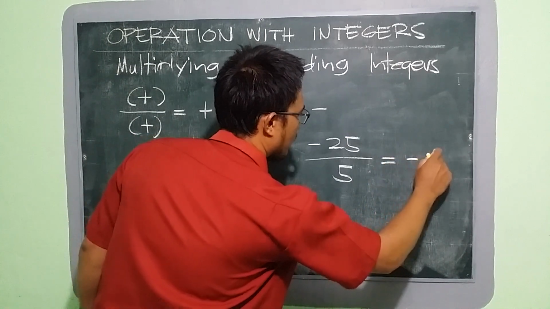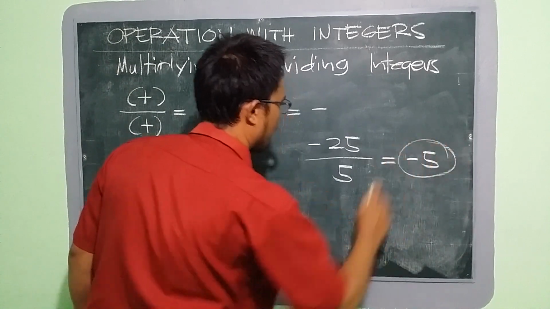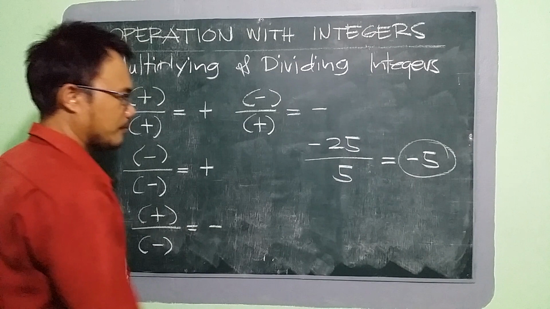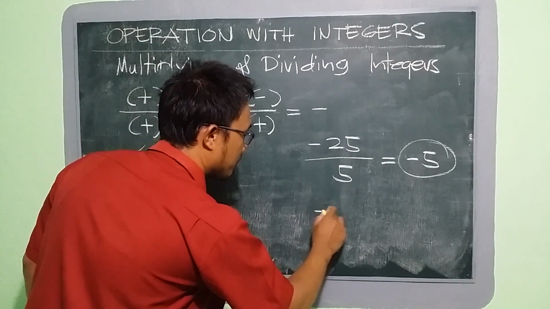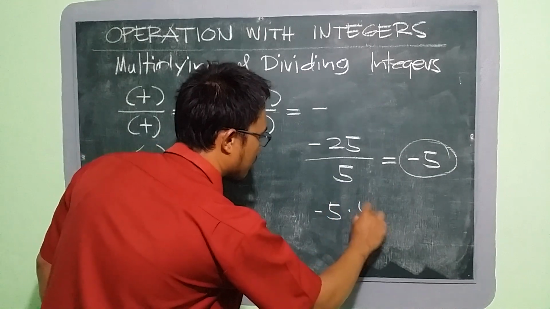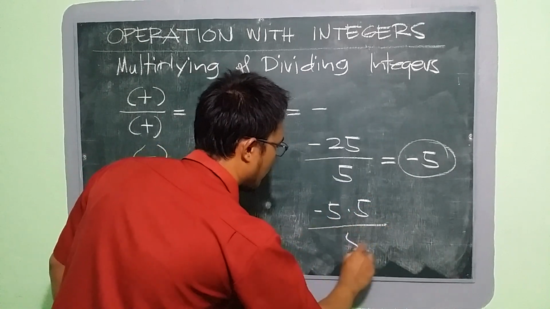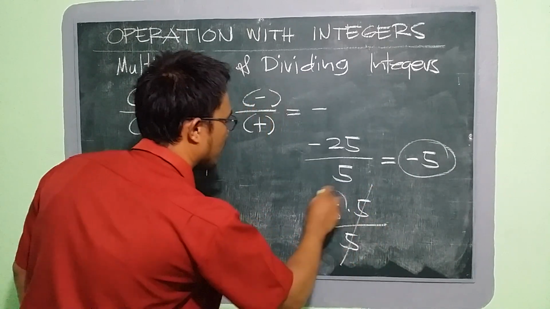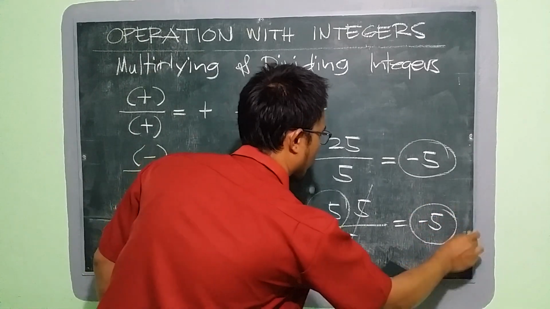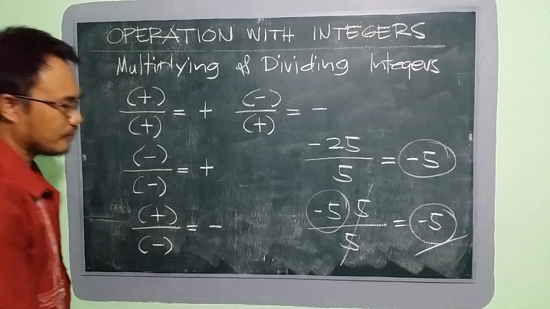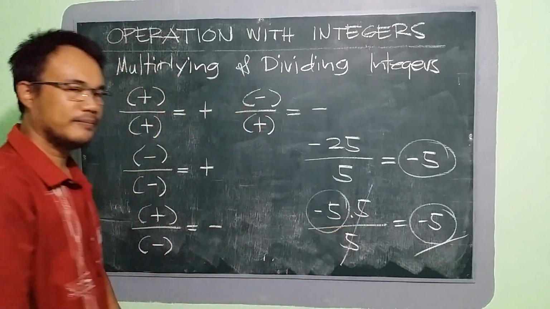We have negative 5. Because negative 25 is equal to negative 5 times 5 over 5. So we cancel out 5. What remains is negative 5.